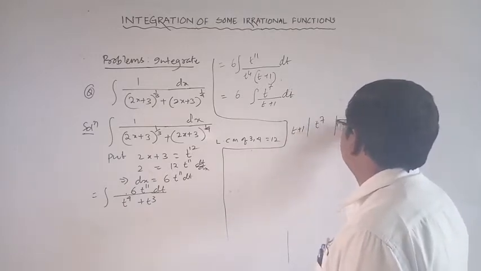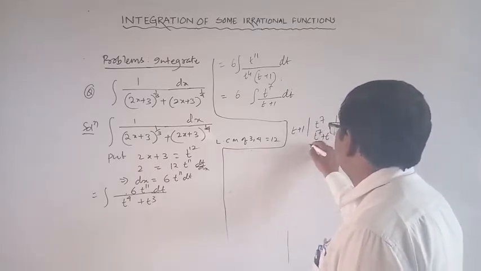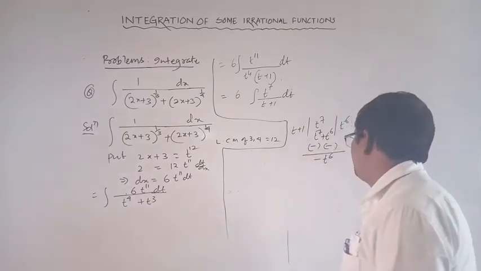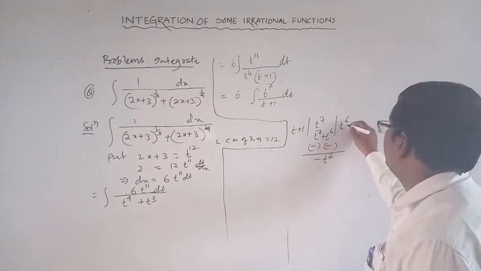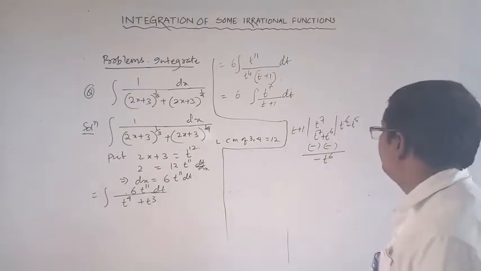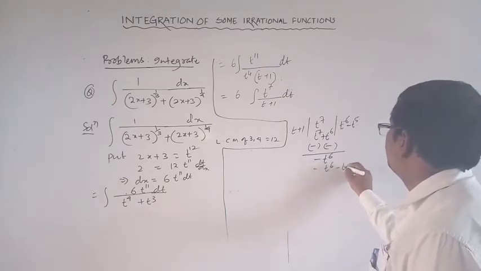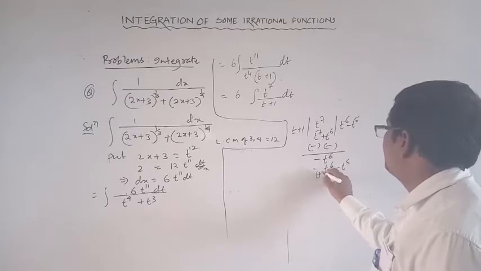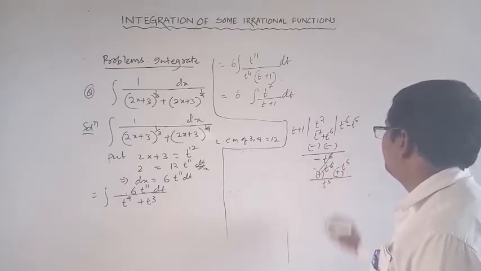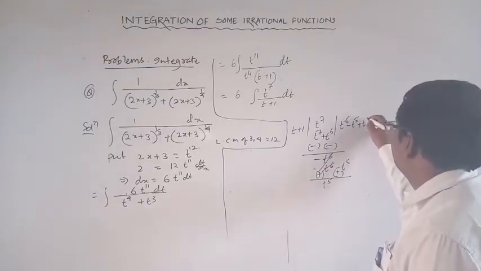This is t6, and t7 plus t6, t to the 6 minus t to the power 6. So minus t to the power 5, minus t to the power 6 minus t to the power 5. This is plus and this is plus, cancel. So t to the power 5. Clear? T to the power 5 and this is plus t fourth.